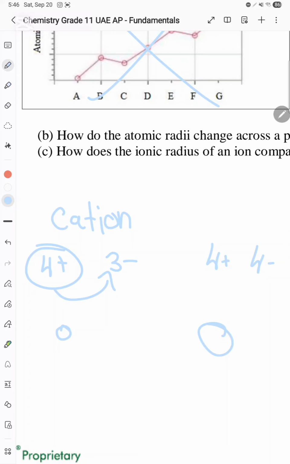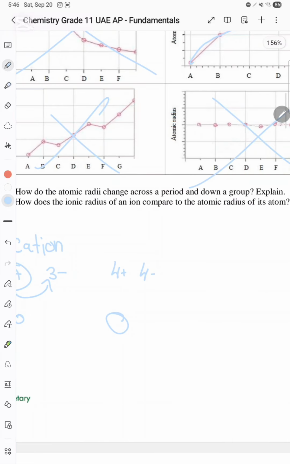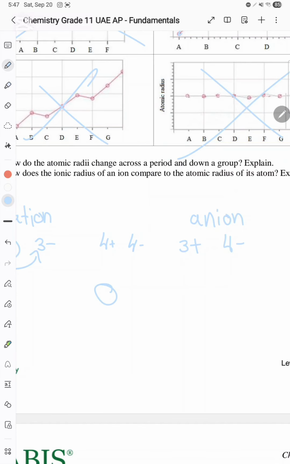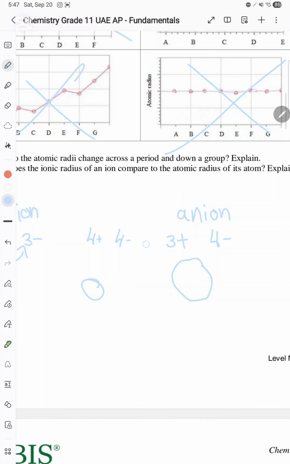It's the normal size. But let's say we have another element where it's 3 plus and 4 minuses, because this is an anion, since it has more negative charges than positive charges. Then you have fewer positive charges to pull in the negative ones. The positive charges can't deal with all these negative charges, so they lose control of them and let them go, making the anion bigger.